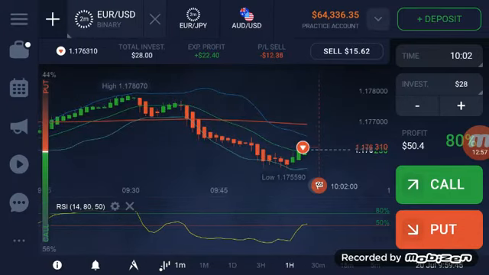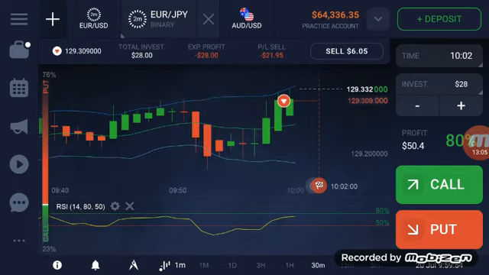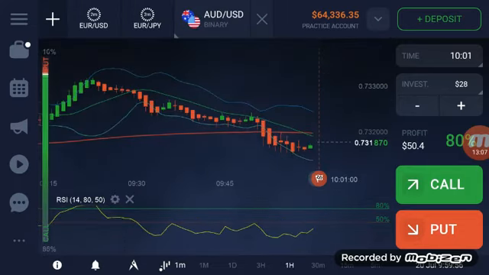Just looking between Euro USD and Euro JPY. Just checking on my trades that are in already.